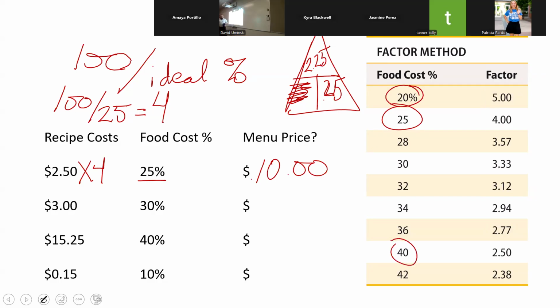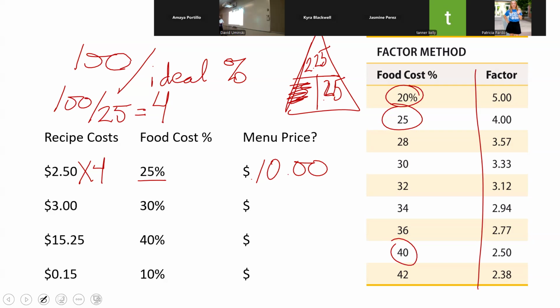Those are a little bit easier to do in your head, because you can just multiply by the whole numbers versus other ones that are more decimal related. But how we find this factor over here is simply divide 100 by the ideal percentage, and that will get us what our factor is, okay?